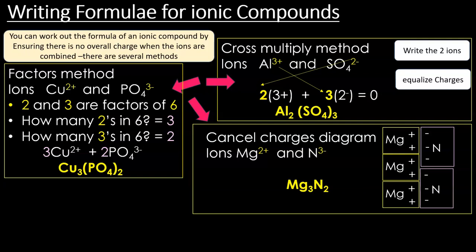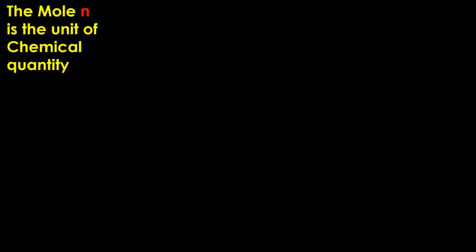So if we put a second magnesium along with the 1 nitride, then the overall charge will be +1. There is only one way that we can make sure there is no overall charge, and that is to have 3 magnesiums, 6+, and 2 nitrides, 6-. So in any way we do this, the principle is the same. We must have no overall charge.